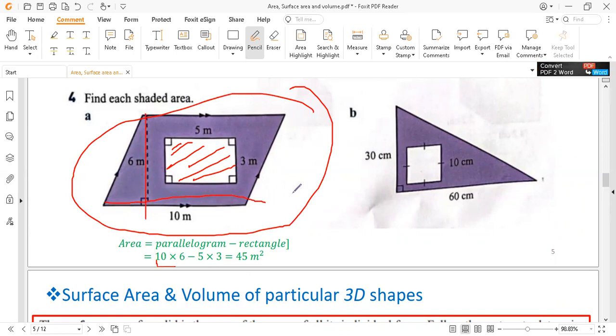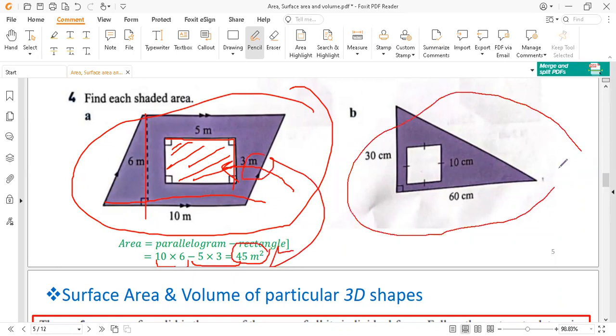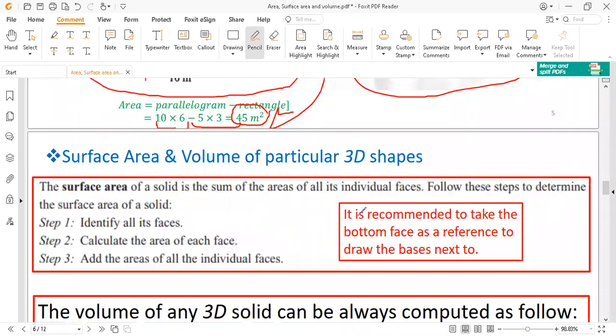But we need to subtract the empty area, which is a rectangle with length 5 and breadth 3. So we subtract 5 by 3 to obtain 45 meters squared. The same idea is here. In general, we have a triangle, 1/2 height by base, and we subtract the area of this small square, 10 by 10. Easy.